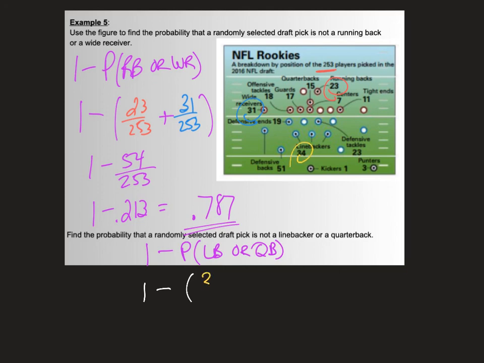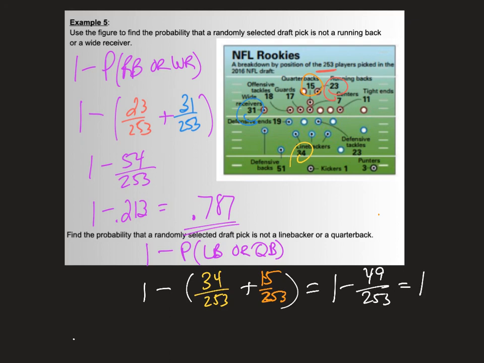There's my 34. 34 out of 253 plus probability that we're a quarterback. Quarterback, we got 15 out of our 253. So this is 1 minus 49 over 253, which is 1 minus 0.194, which is 0.806.